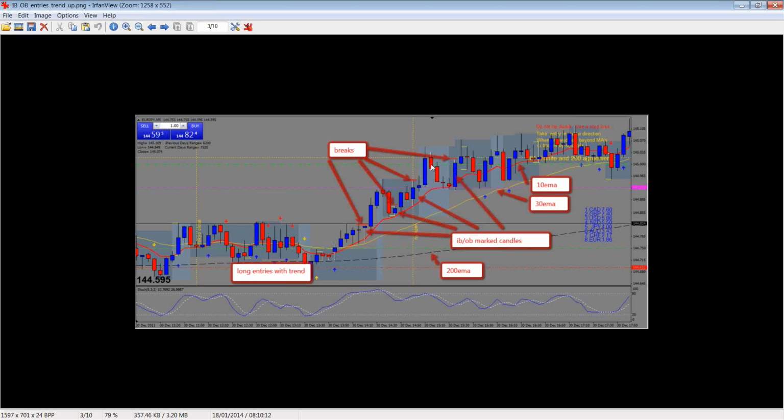This one here is an inside bar, because the previous candle was bigger and this candle closed inside that candle, creating an inside bar. So this is a trend, long entries with a trend up.